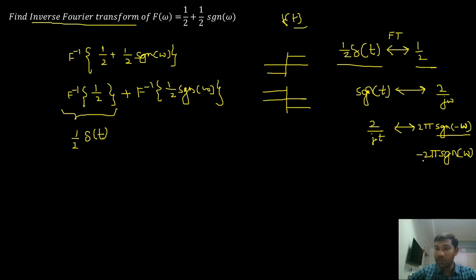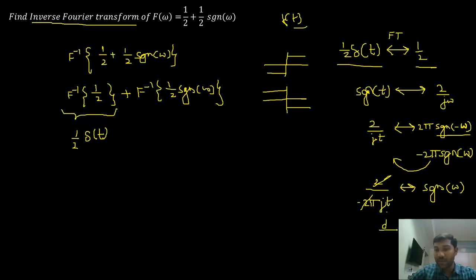Now I will take this minus 2 pi to the other side. What will happen? 2 divided by minus 2 pi jt, the Fourier transform is going to be signum of omega. So simplifying, this j, if I take it to the numerator, becomes minus j. So minus and minus cancel.